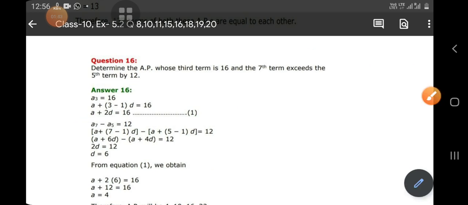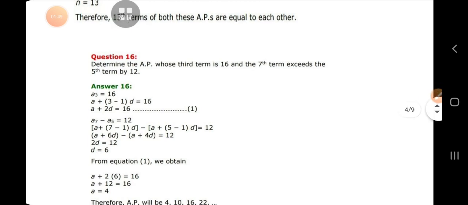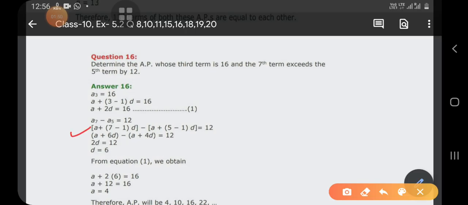Now using the formula of the nth term, a7 will be written as a plus 7 minus 1 into d, as we don't know the d. Again for a5 we can write a plus n minus 1 into d, where n is equal to 5, and the value is 12 on the right side.